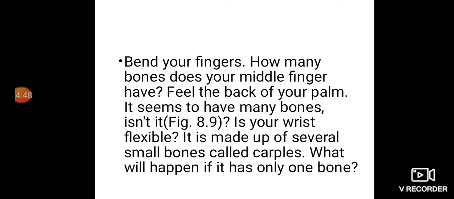In some animals, the skeleton is outside the body in the form of a shell. Have you seen the snail? You see, the skeleton is outside the body, in the form of a shell. So this type of skeleton is called an exoskeleton. What is it called? Exoskeleton.